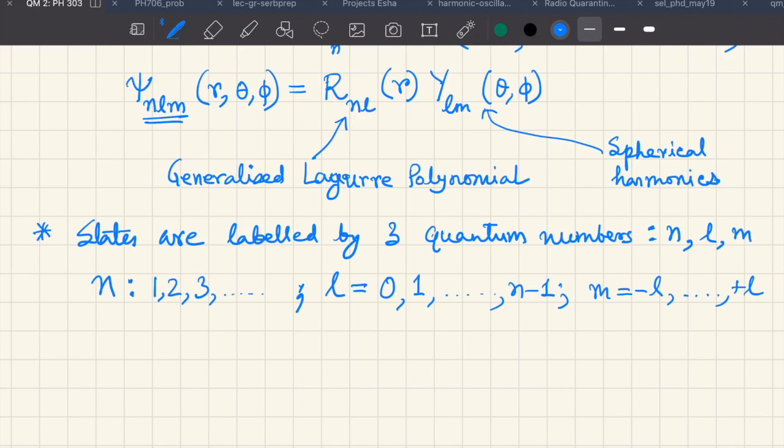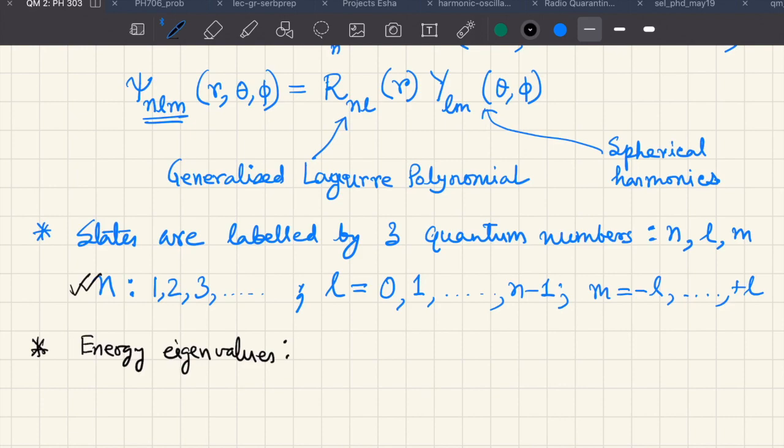Now also another thing which is very much familiar to you is the energy eigenvalue once you have solved this problem. The energy eigenvalues only depend on this principal quantum number n, and they go as 1 by n square.